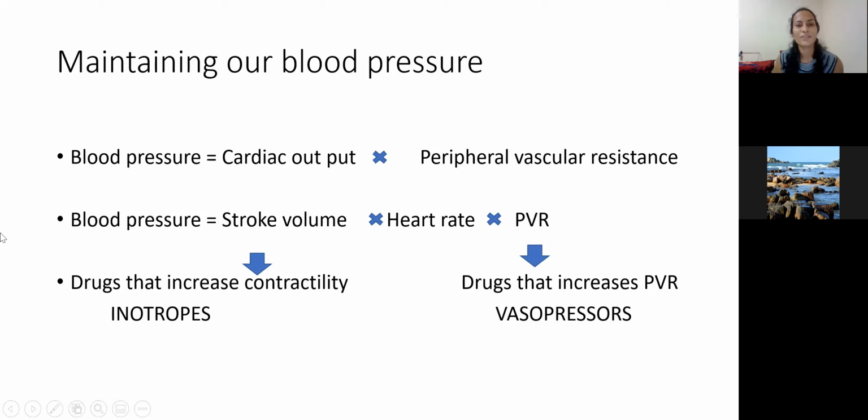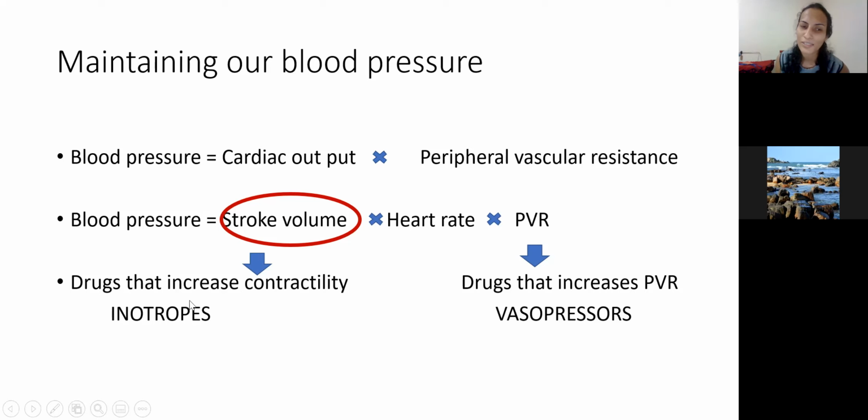And cardiac output can again be divided into stroke volume times heart rate. So blood pressure equals stroke volume times heart rate times systemic vascular resistance.